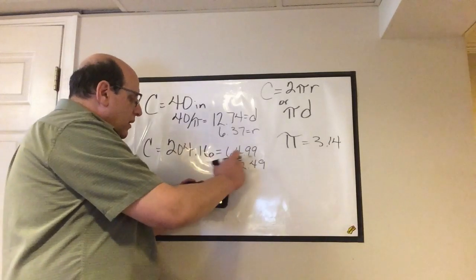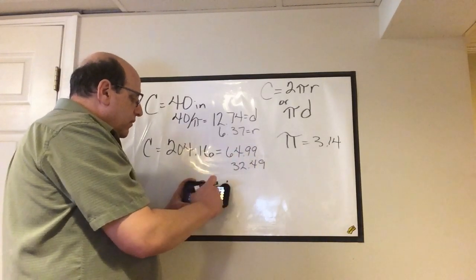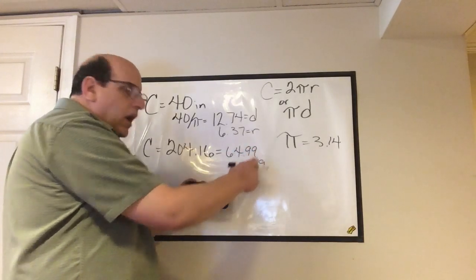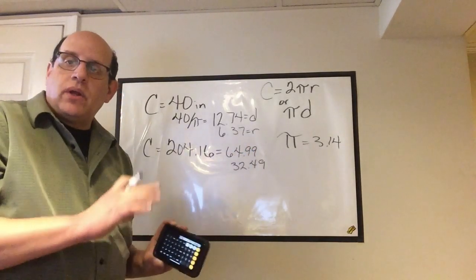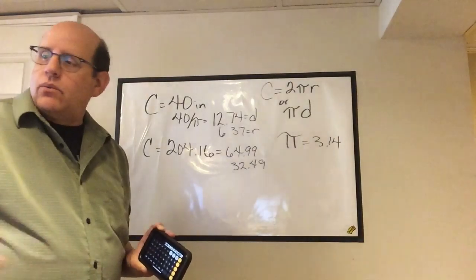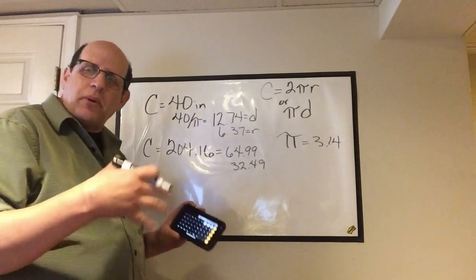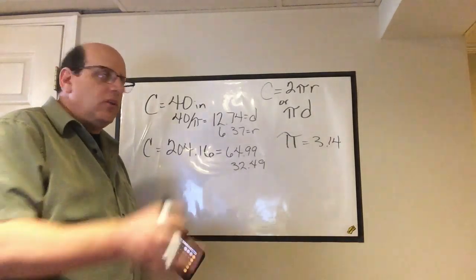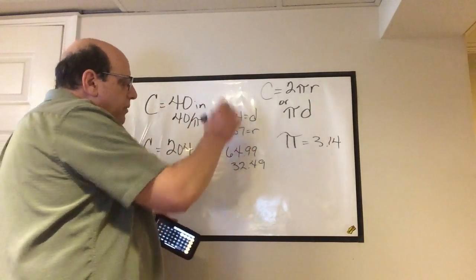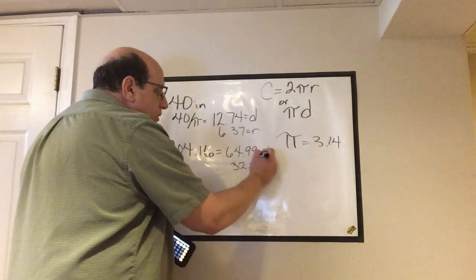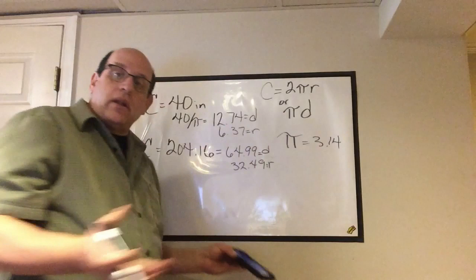And I divide by 2, and I actually get 32.51 out of this. When you're using the rough approximation of 3.14, you get just a little bit bigger answer than you would normally. So things come up a little bit, but that would be your diameter and that would be your radius. And that's how you do it.